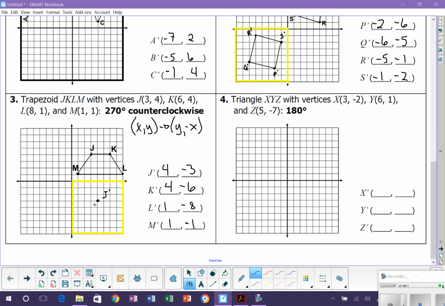This one, 4, since this was negative 3, 4, 5, 6. That's going to be K prime. L, 1 and then 8. 1, 2, 3, 4, 5, 6, 7, 8. There's L prime. And then M is 1, negative 1.